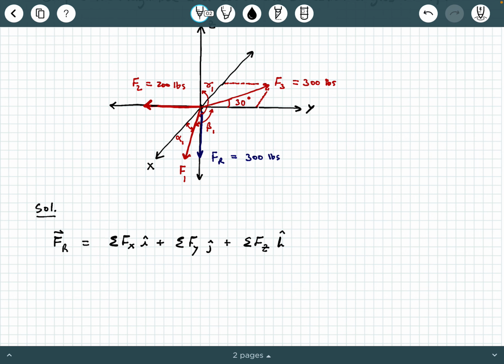And all of that combined together is going to be equal to negative 300 k, and it's collectively going to have units of pounds.